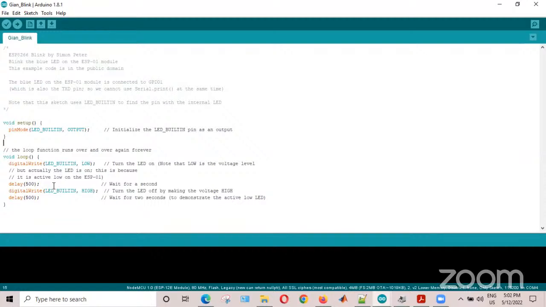There are two functions, setup and loop. Loop does the same: once it is switching on the LED, and then it is turning it off. So I'll compile the code. Now this time I am writing code on my Node MCU.